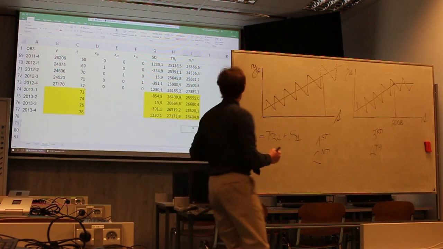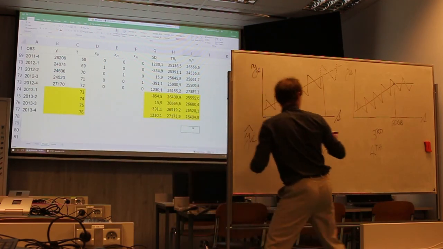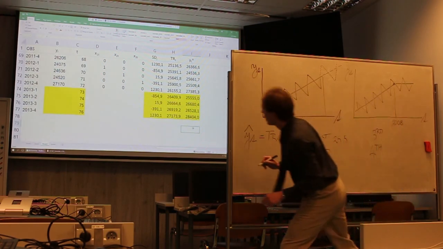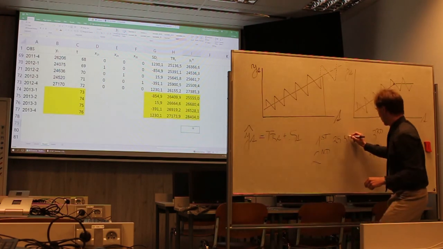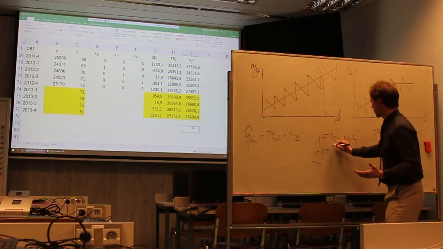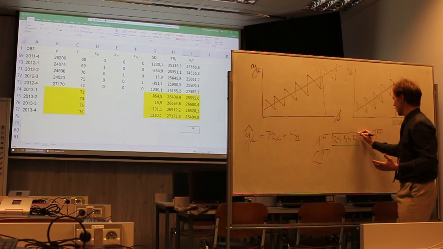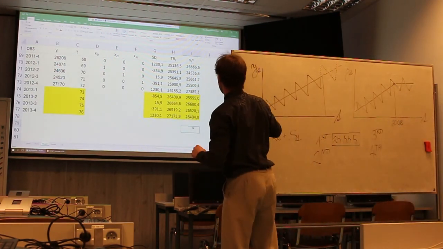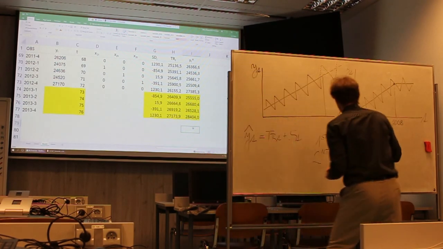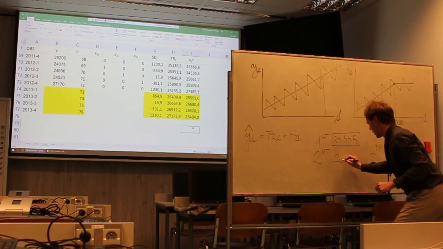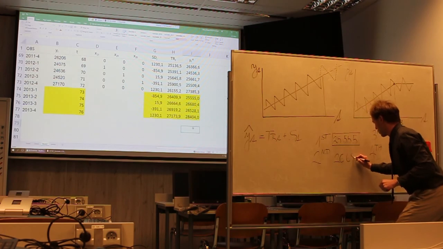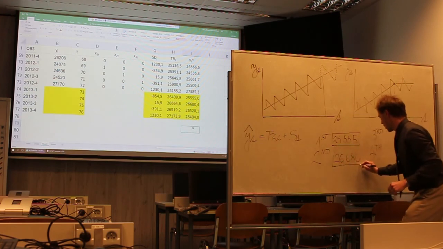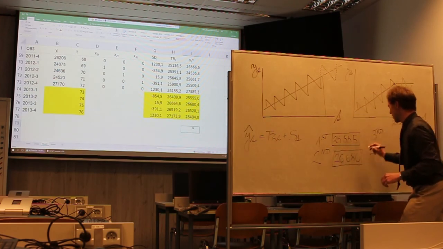So 25,555. Check grounds, yes? This is the first forecasted value. Second forecasted value, 26,680. I will not use decimals, I will use whole crowns.